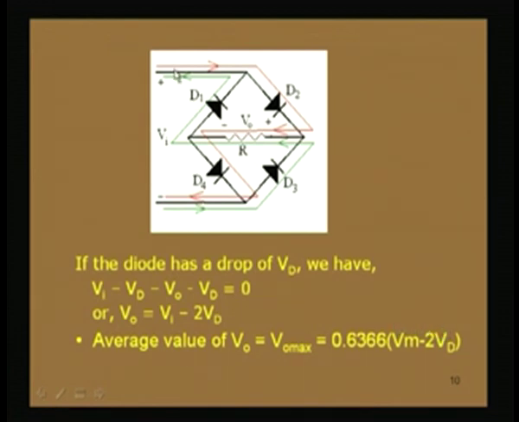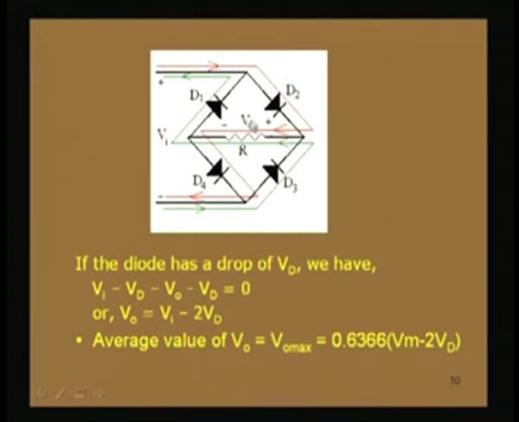Because if we see the current path, the current will be flowing in the positive half cycle through D2, then R, then D4. There is a drop here, and there is a drop here also. So, 2 voltage drops will come into the picture, so the diode drop Vd will have to be multiplied by 2, that means Vd plus Vd.